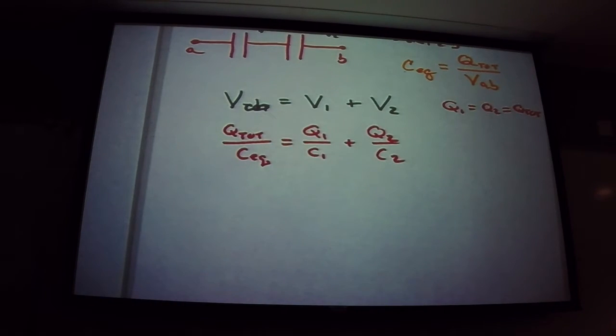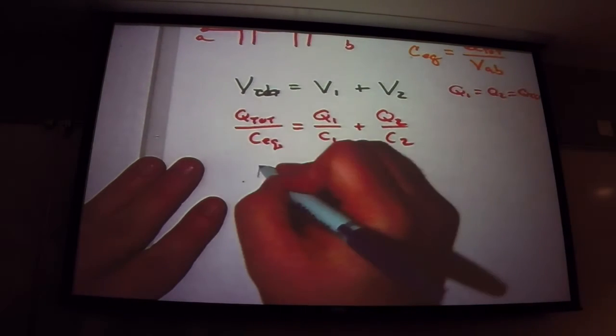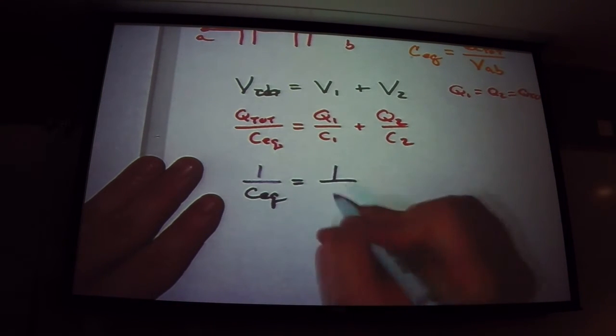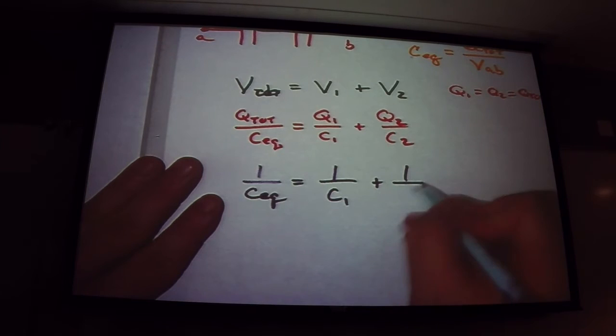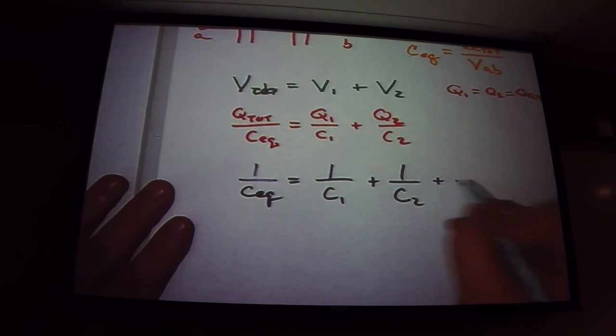But the charges are all the same, so I can divide them all out, and I get 1 over the equivalent capacitance is equal to 1 over C1 plus 1 over C2. And if I had more, you just add them.